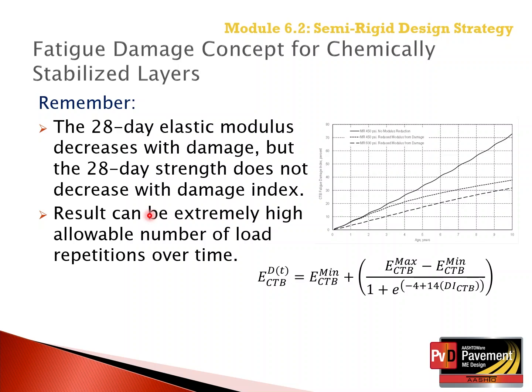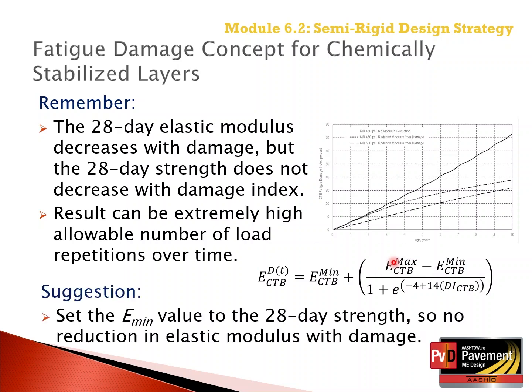So again, the suggestion is to simply set the minimum value, E minimum in the software, equal to the 28-day elastic modulus that's measured in the lab. So that's the suggestion in the MEPDG manual of practice.